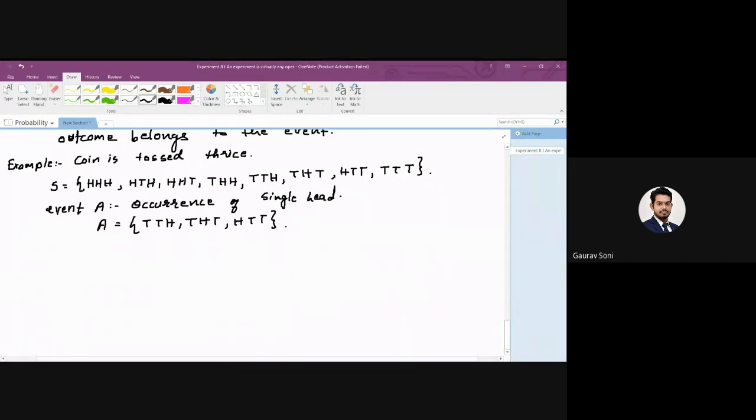Whatever we are calculating is simply a subset of the sample space. I'll define another event B as occurrence of at least one head.